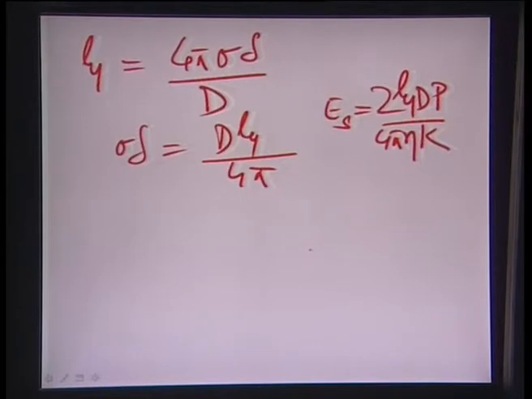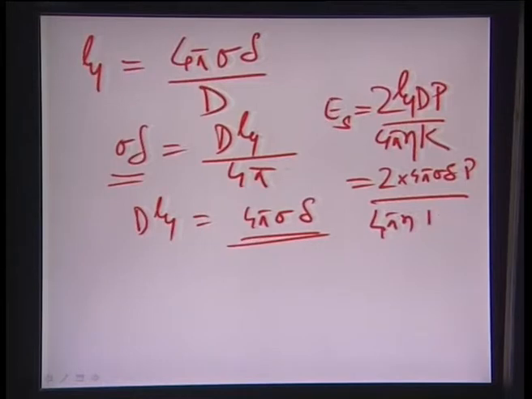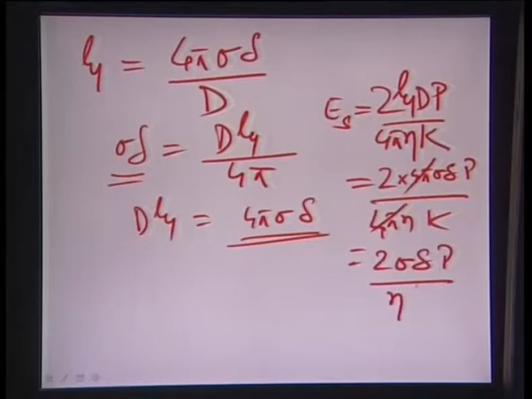If we substitute the value of sigma delta, let us say d zeta is also equal to 4 pi delta sigma, then from the E_s value, substituting 4 pi sigma delta p divided by 4 pi eta k, you are left with twice sigma delta p by eta k.